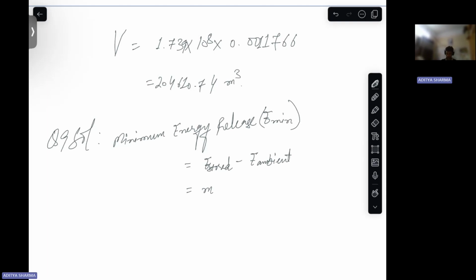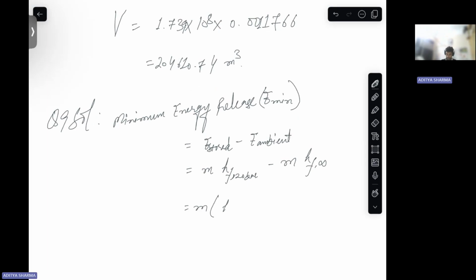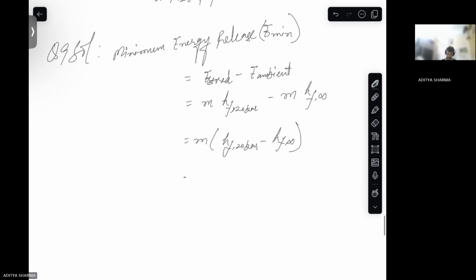E stored is HF at 20 bar minus HF infinity. So this is HF 20 bar, HF infinity. So this will be this in kgs. And this is 908.5 minus 293.